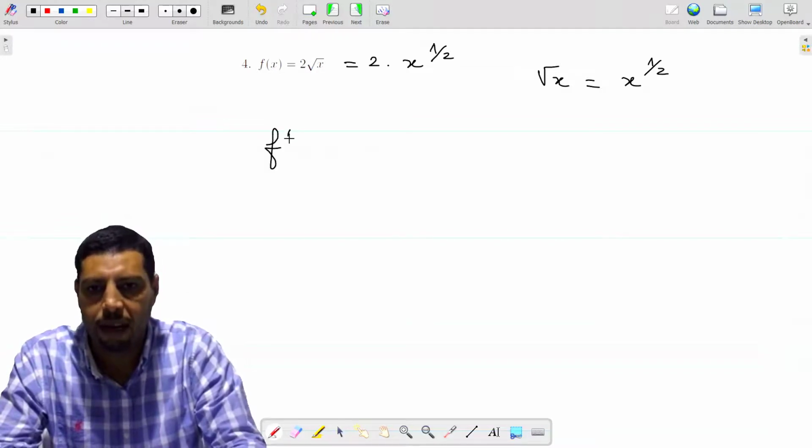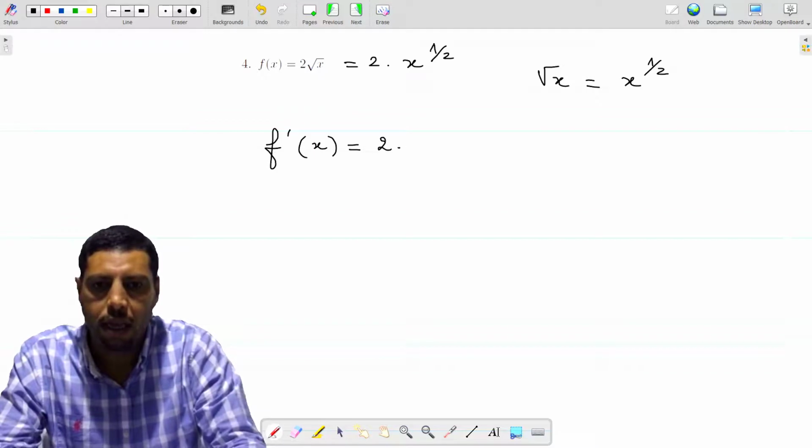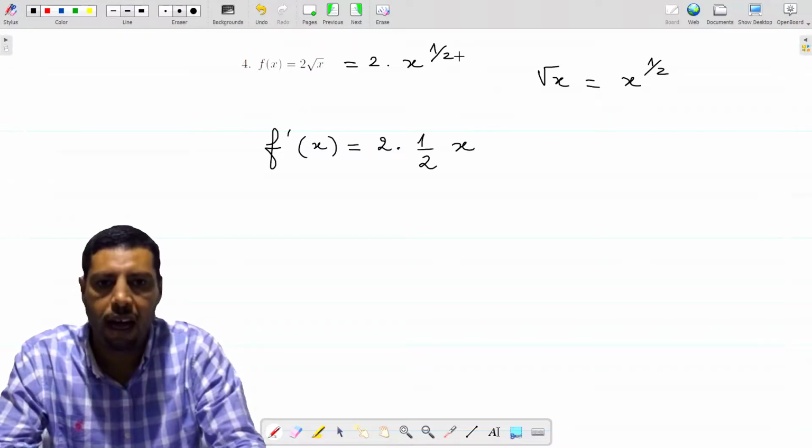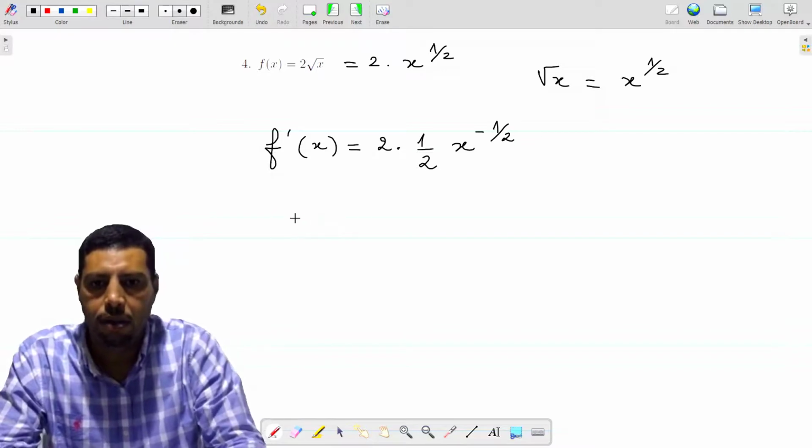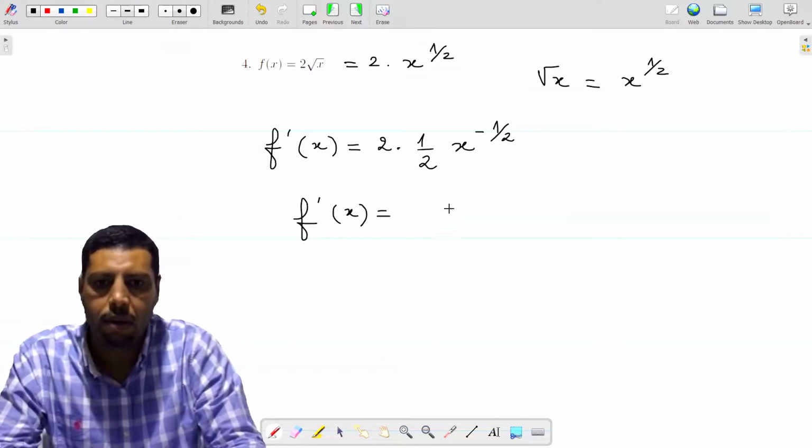We obtain f prime of x equals 2, and here n equals half, so times half, times x to the power of half minus 1, which is negative half. So f prime of x is equal to 2 times half, which is 1, so x to the power of negative half.